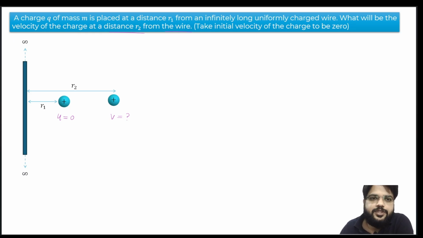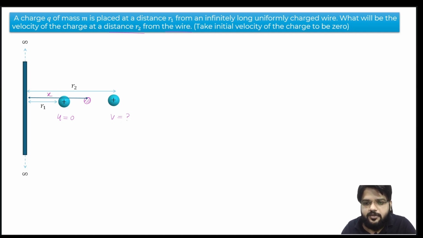So how we can do this question everyone? Let's suppose at any t time this particle is present at x distance from the wire. So this distance is x.